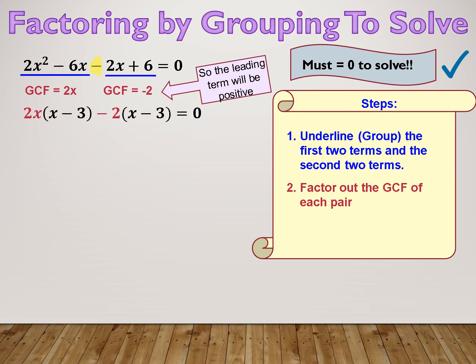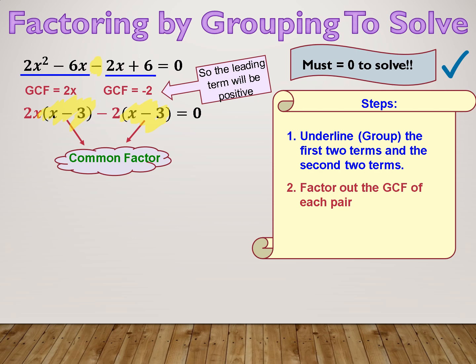So I factor out a 2x, and that leaves me with x minus 3 on the inside. I factor out a negative 2 from the second pairing, and that leaves me with x minus 3. Now notice each pairing has an x minus 3. That's going to be my new GCF if you think about it that way, or my common factor.